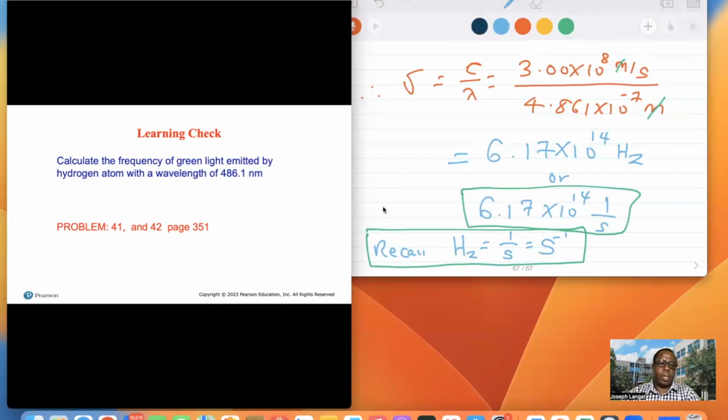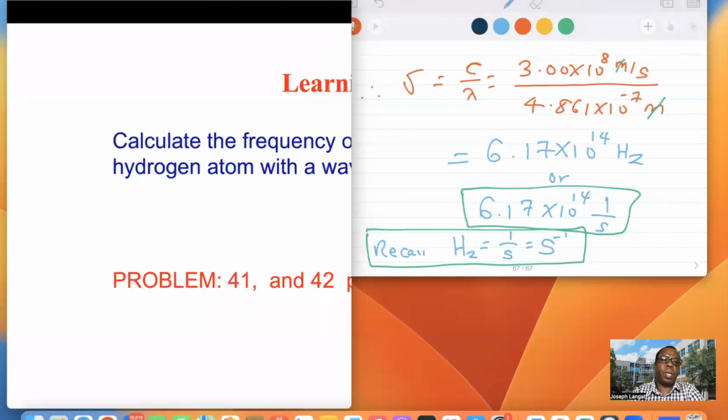Please look at page 351, problems 41 and 42 to practice more on using the relationship between the speed of light, the frequency and the wavelength of electromagnetic radiation.